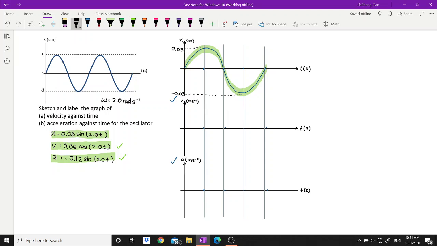The next thing to label will be the time needed for one complete oscillation. We call this the period. So we need to label this point here. So what is the period for this oscillation? If you are unsure, see that we have an angular velocity here. We know that the angular velocity, the period, and the frequency are all different representations of the same thing.